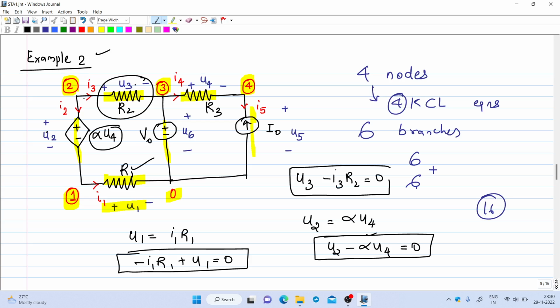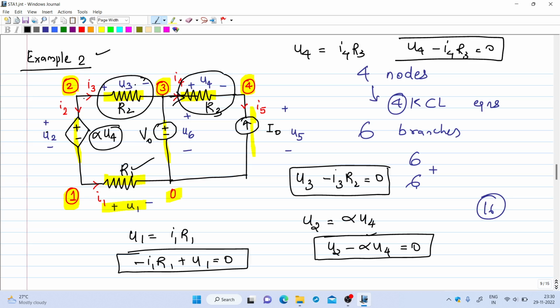That is the branch constitutive equation for the third branch. And coming to the fourth branch, again U4 is equal to this current I4 into R3. So U4 minus I4 R3 equal to 0. It's our fourth branch constitutive equation.